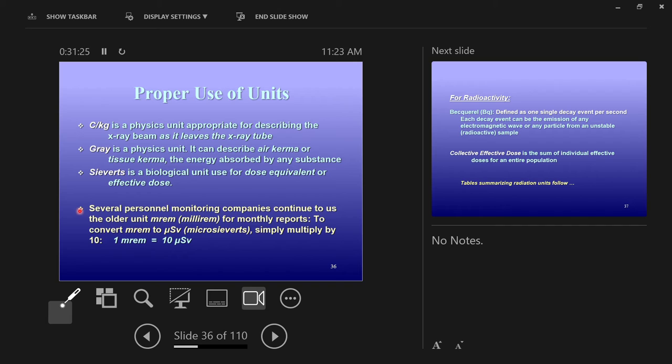So we need to use smaller units. The more common for gray and sievert is the microgray or microsievert. Micro means 1/1,000,000th. So 1 microgray is 1/1,000,000th of a gray. A microsievert, 1/1,000,000th of a sievert.